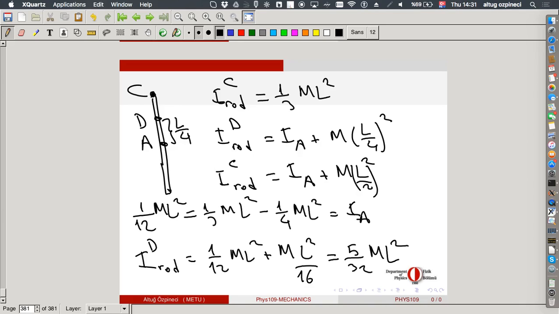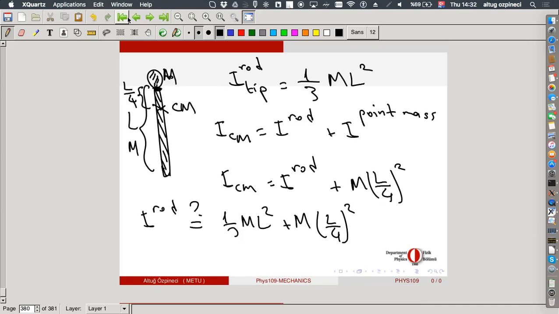Now we can go back to our initial problem. The whole system is rotating around this point. The rod is rotating around that point. The point mass is rotating around that point. So the moment of inertia of the whole system is just the sum of the moment of inertia of each one of them. We already knew the moment of inertia of the point mass. Now we also know this one.